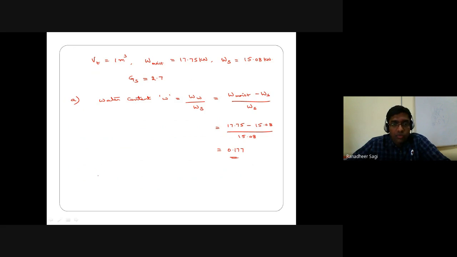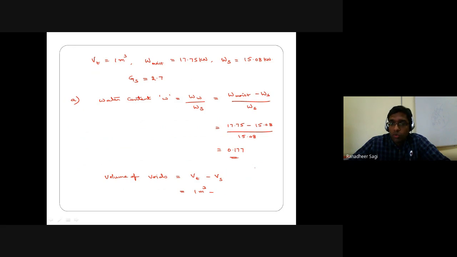For calculating the void ratio, I first need the volume of voids present in that soil. The volume of voids is equal to the total volume of the soil minus the volume of solids. The total volume is 1 meter cube, but we do not know the volume of solids. So how do we calculate the volume of solids?